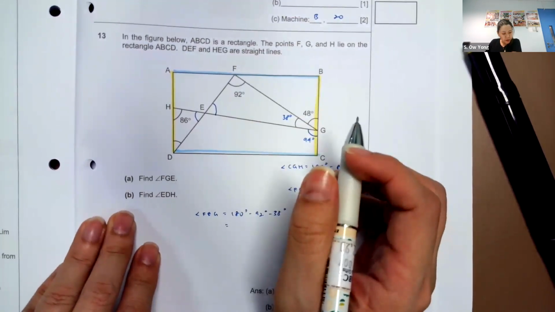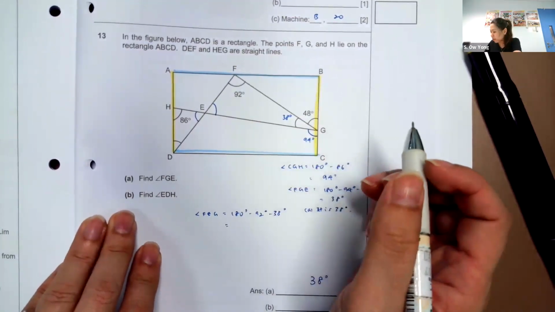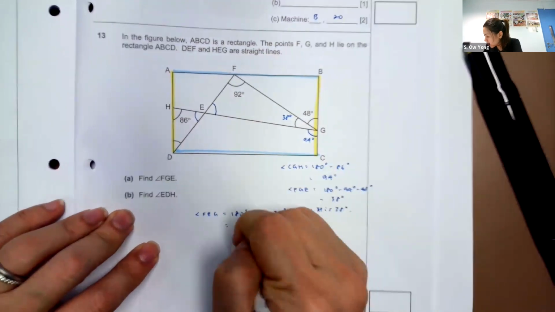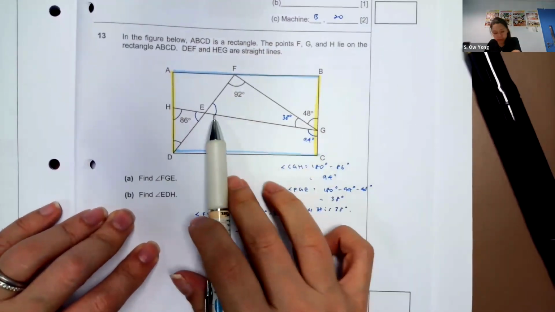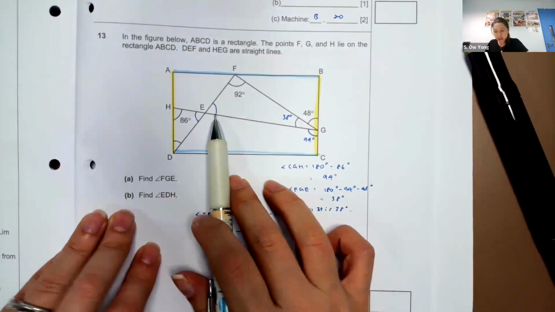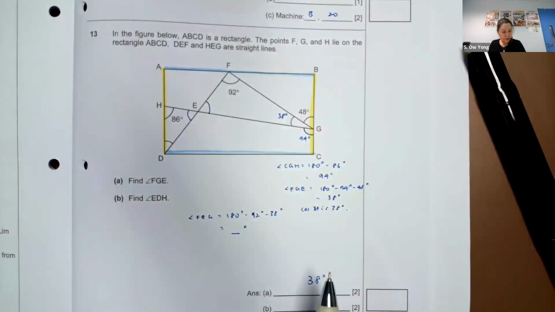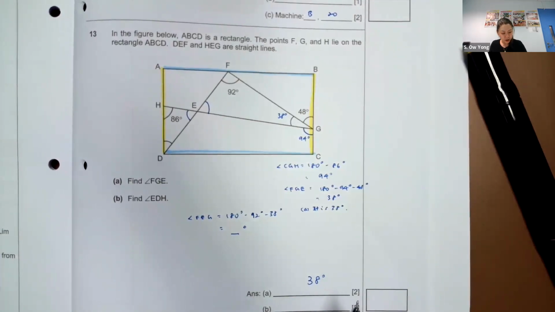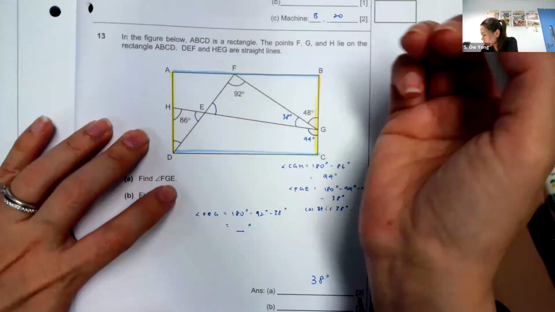Let me see, what is this number? After which you can then solve. Maybe this one is 50.